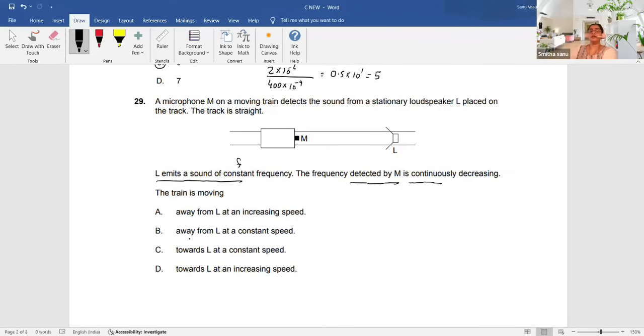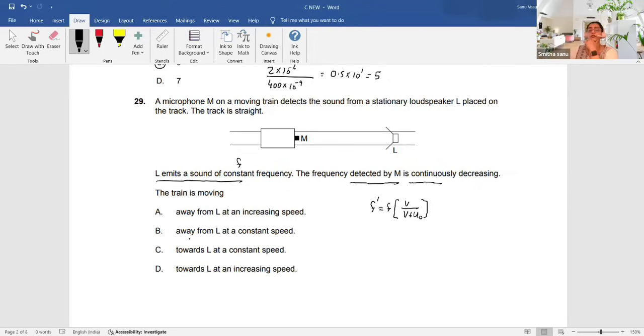The train is moving. So if we look at the equation where you have a moving observer and the frequency is reducing, it actually tells you that the train is moving away. So we can see it's V upon V plus UO, where UO is the speed of the train.